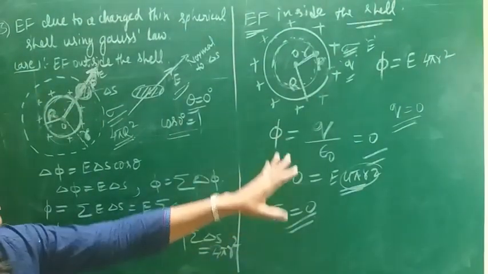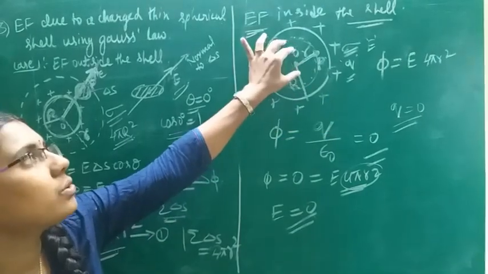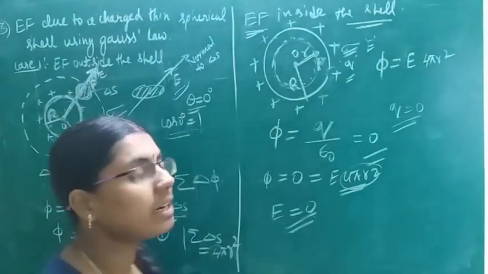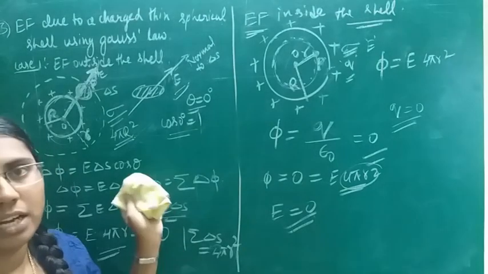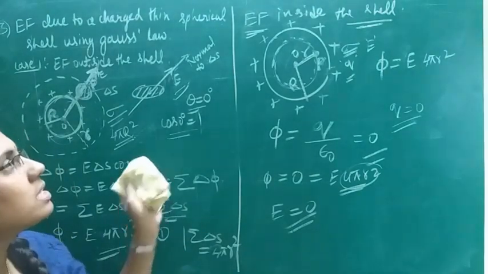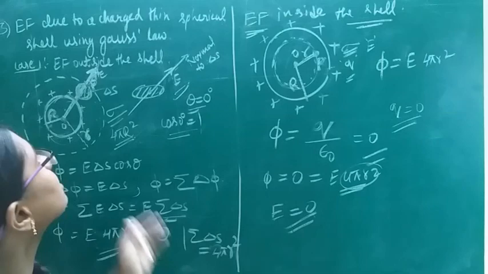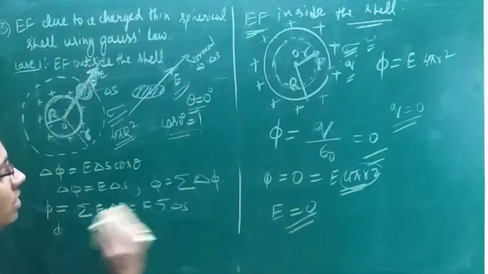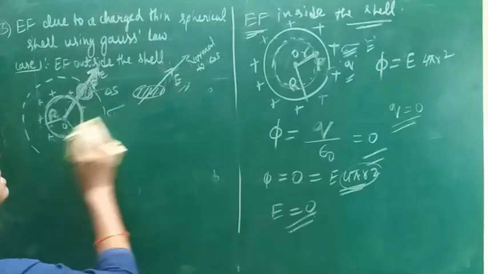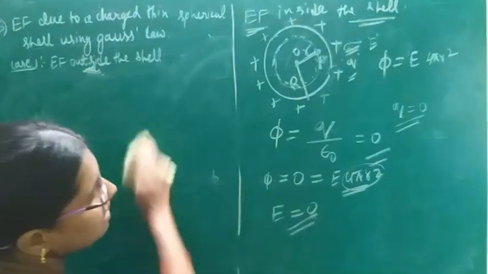So the electric field inside the shell is 0, and the electric field outside the shell is given by the previous expression that I have written. Okay, so this is about the electric field due to a spherical shell. Now let me move on to discuss the next concept.